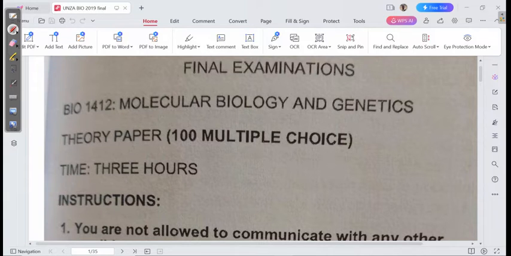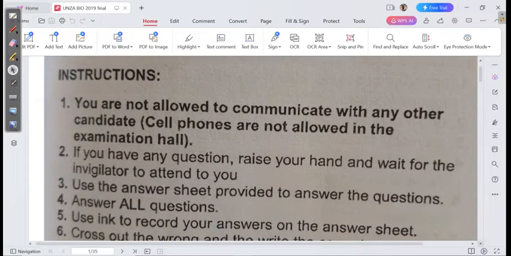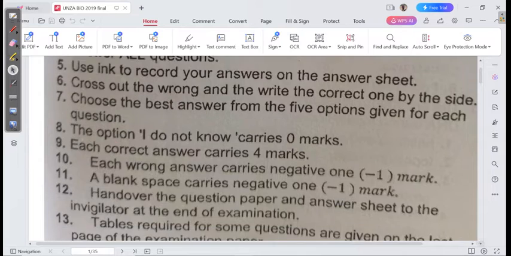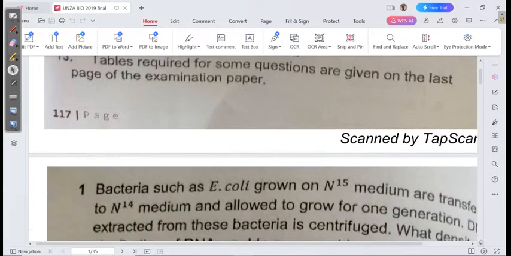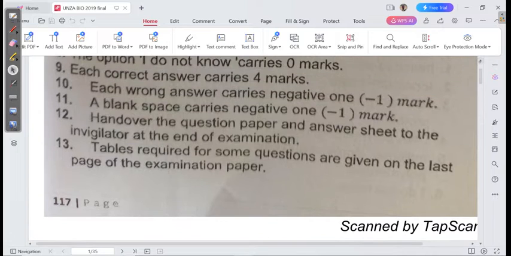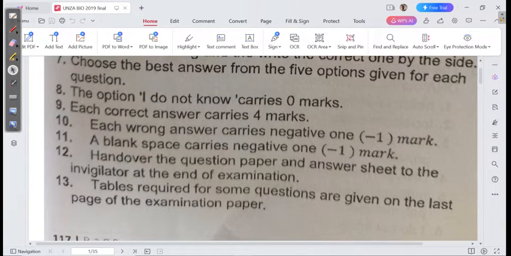So this was BAR 1412. We are saying that here there are 100 multiple choice questions. But of course we are not going to cover all of them. Okay? But let's see how far we can go. And I just hope that you are aware of how you answer biology. You know that in biology there is negative marking. So the moment you choose the wrong option, that is going to attract a negative one.